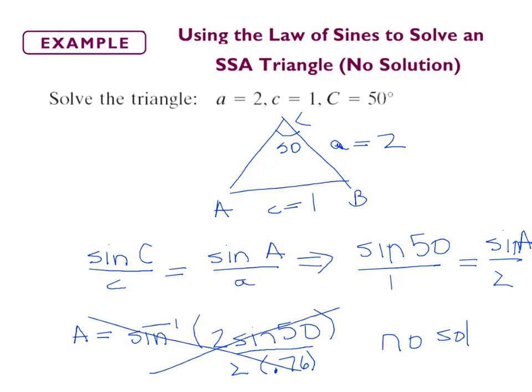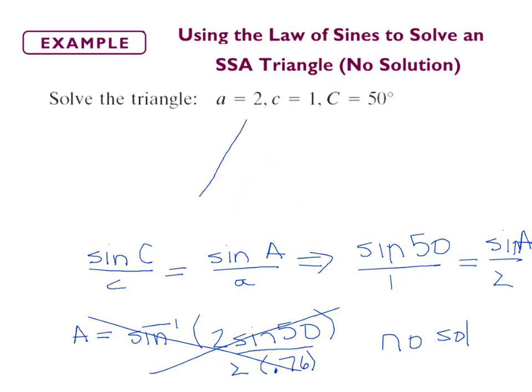Which basically means if I were to draw this triangle closer to scale, it would look more like this. Let's make C equal to 50. Let's say this is C, and then let's say this is A and this is B. Well, this is 2, but c is only 1.